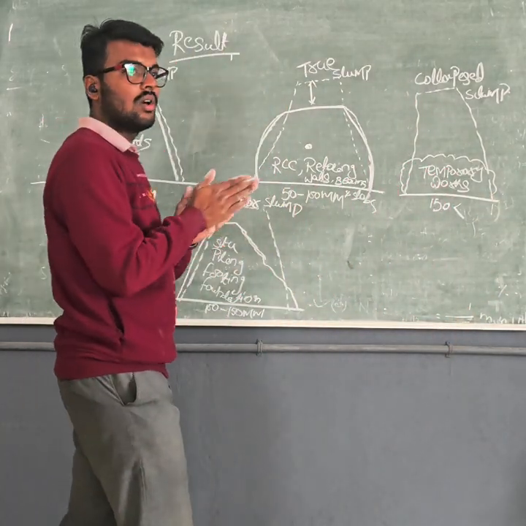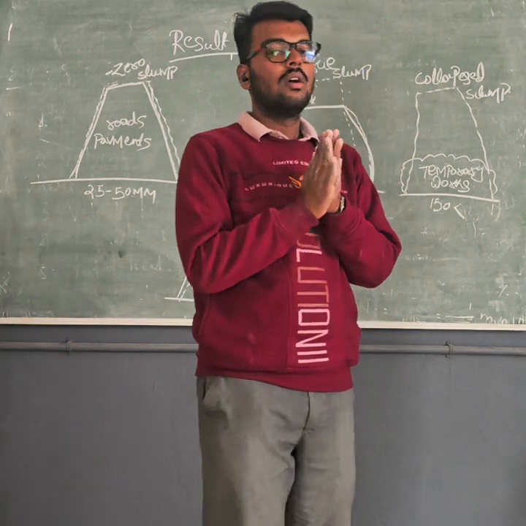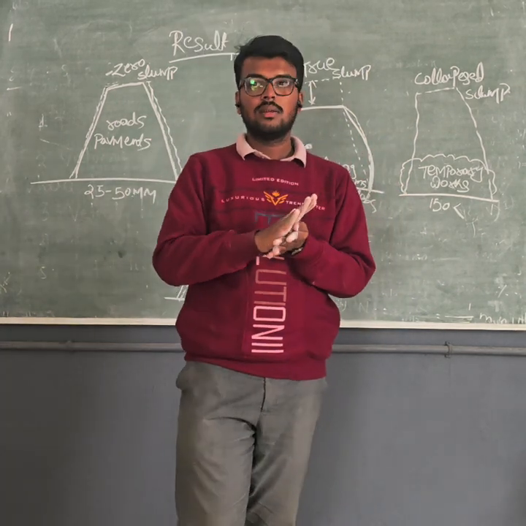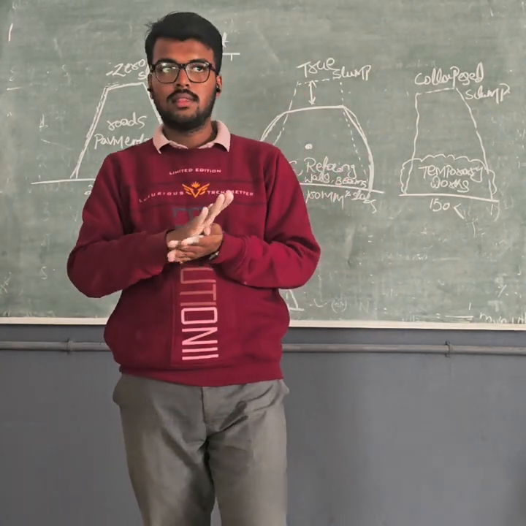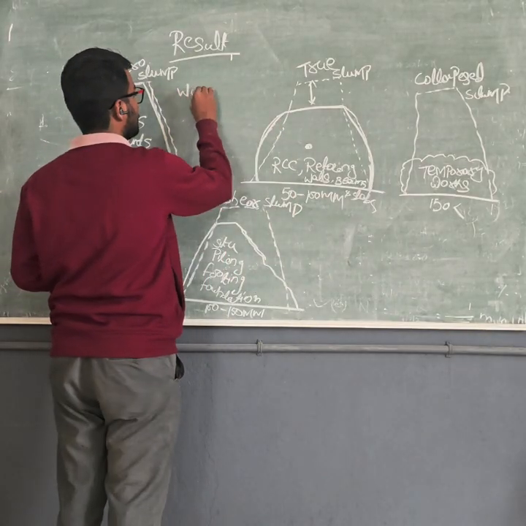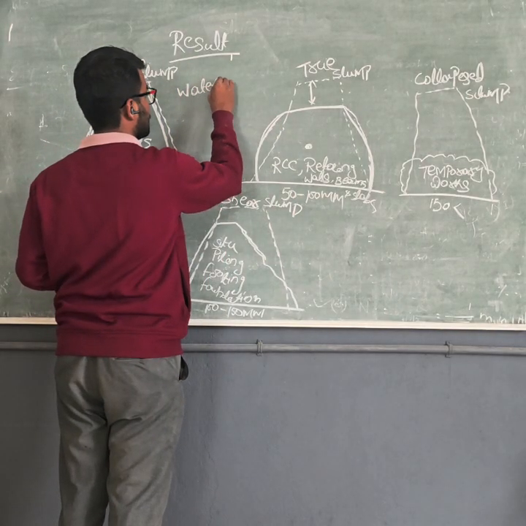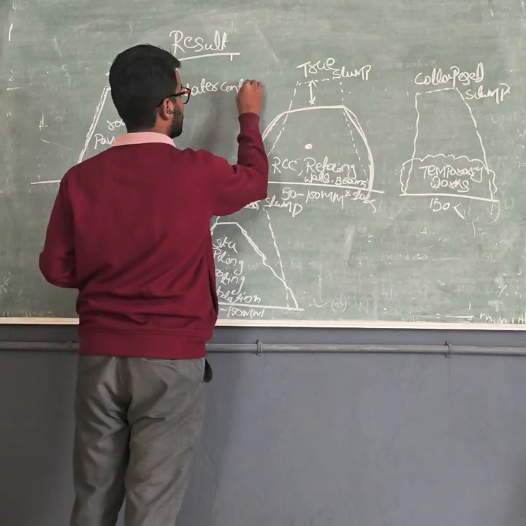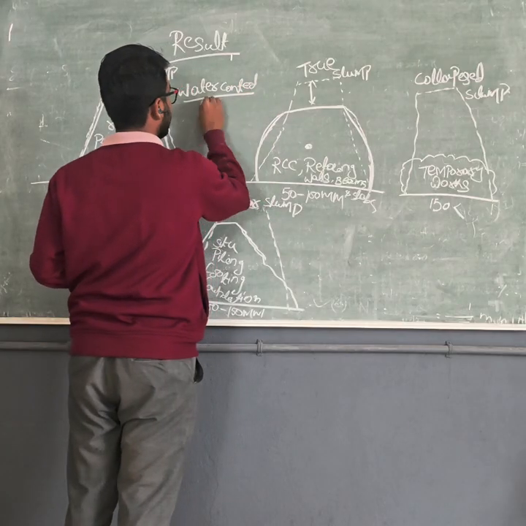Now, how do we know the water cement ratio? What is the water cement ratio? As you know, the water cement ratio is the ratio of the water content in the concrete divided by the cement.